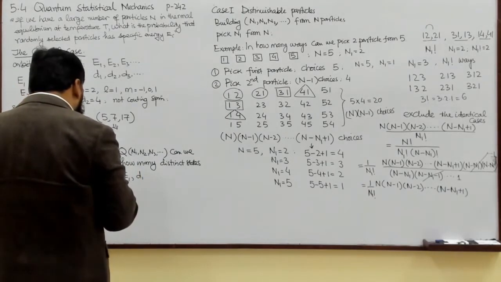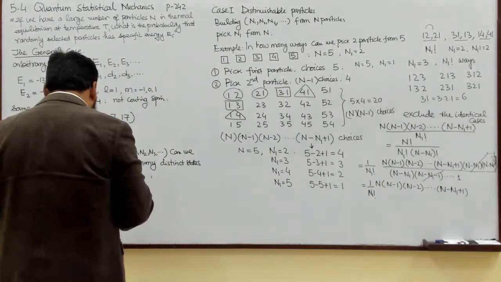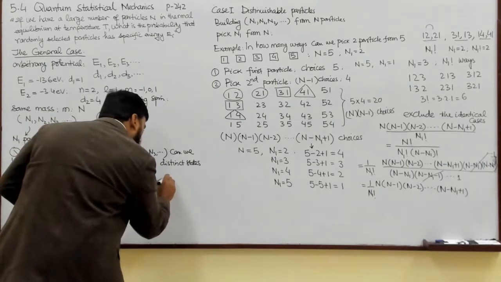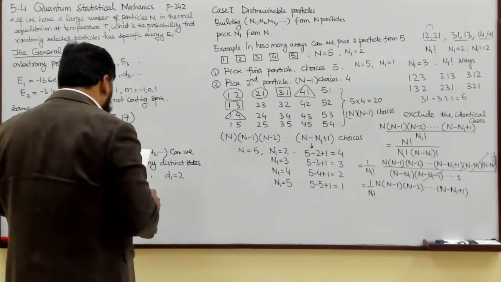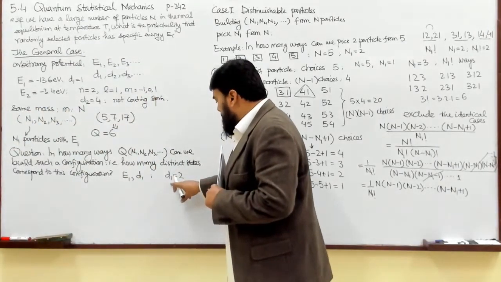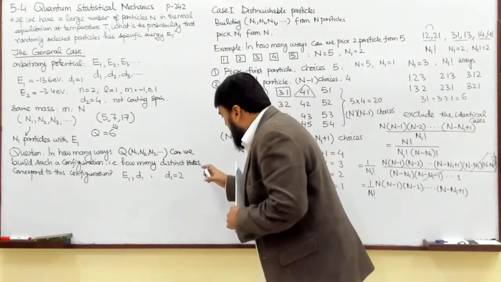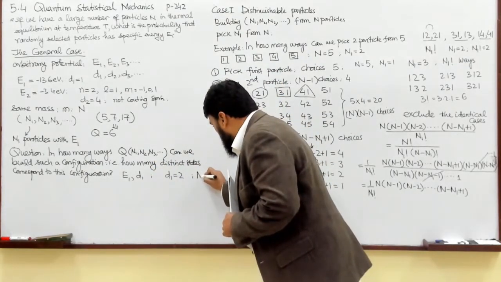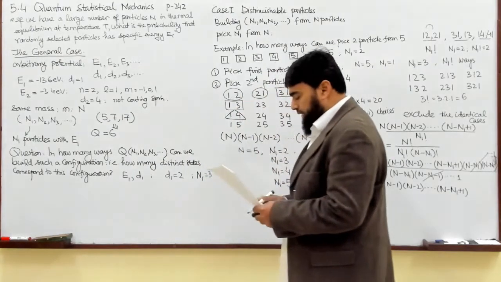So we now consider an example, and in that example we consider that D1 is equal to 2. That is, the two states will have the same energy, and N1 is equal to 3.